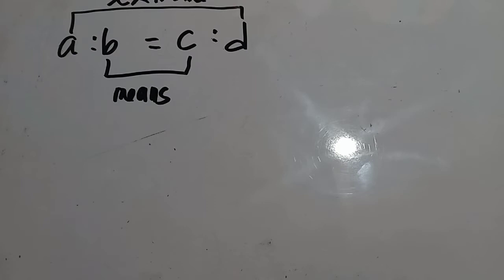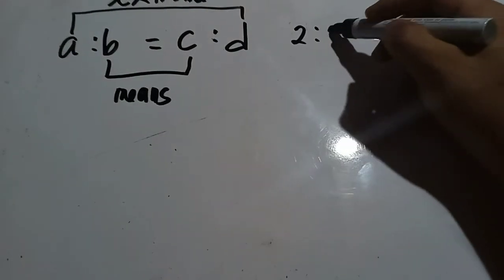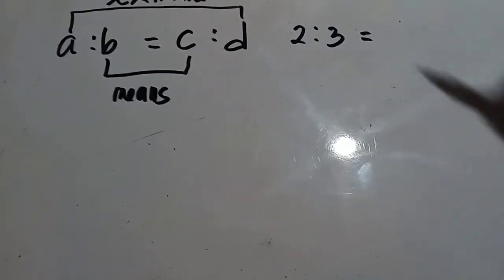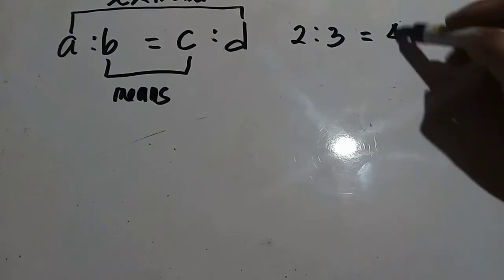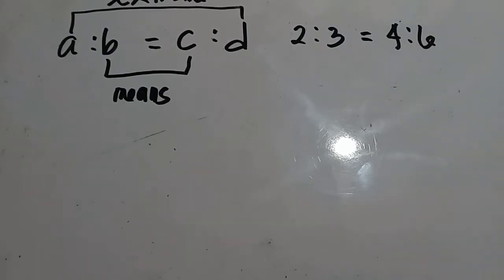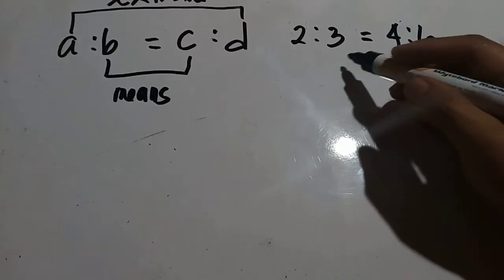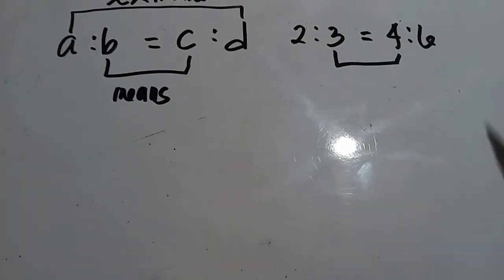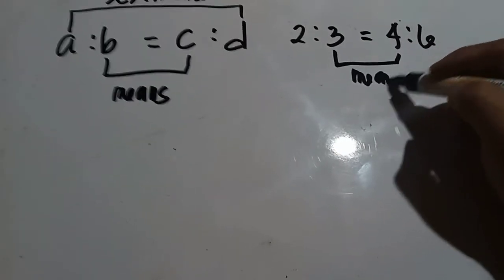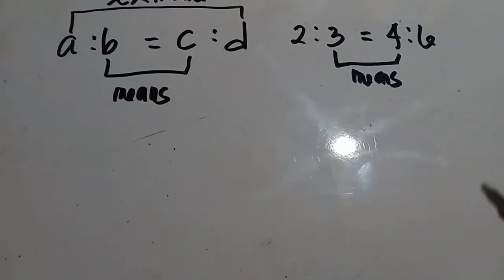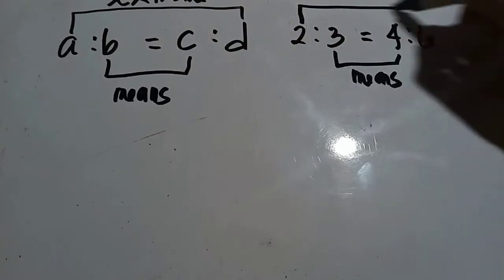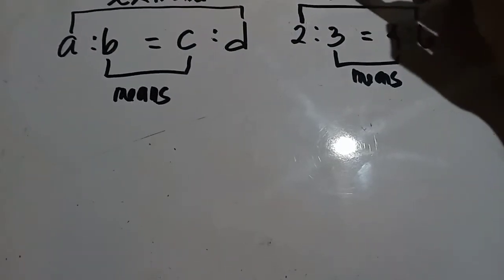Then ang ating outer part, yan po ang ating extremes. Like for example, yung kanina, 2 is to 3 equal 4 is to 6. Alright, so now, ano ang ating means dito? Ito ang ating means. How about our extremes? That is 2 and 6.